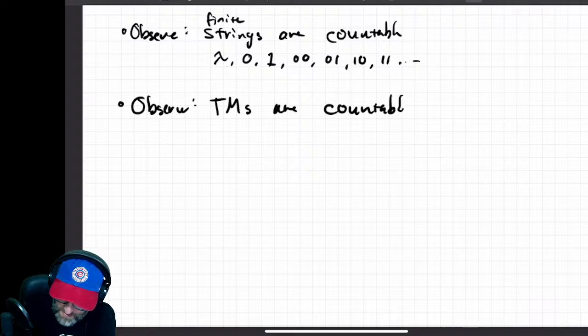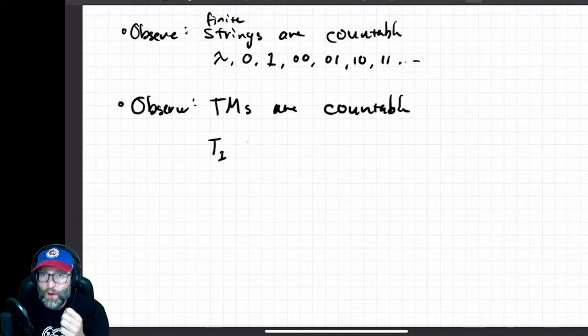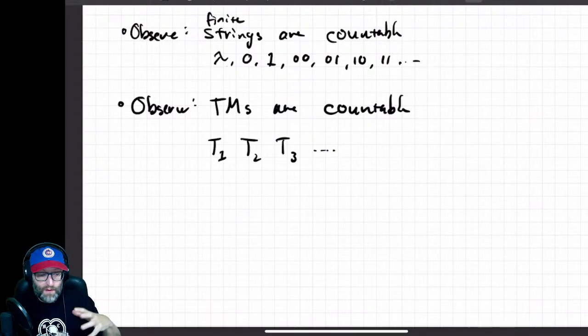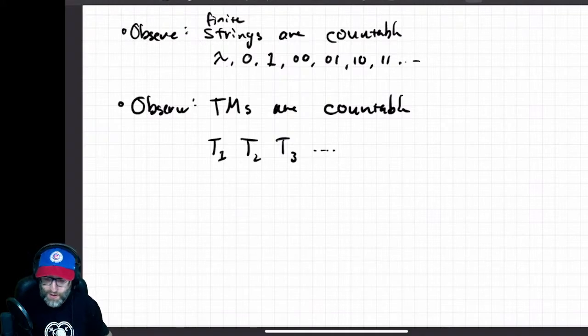Here's the second Turing machine. Here's the third Turing machine, dot dot dot. Why? Because you can describe them in binary. Remember, a Turing machine is just an algorithm. You write some code, you compile it, and ultimately that's just a bunch of zeros and ones. It's a bunch of machine code. Likewise, the tables that we put together can be encoded in binary, and now you've got a binary representation of Turing machines. In other words, you can put them in lexicographic order, just like we did with strings.